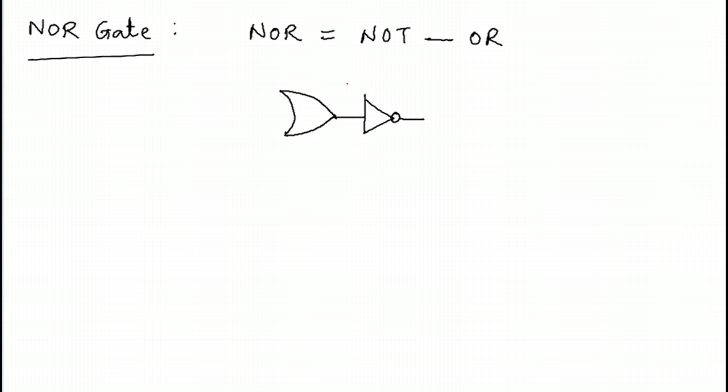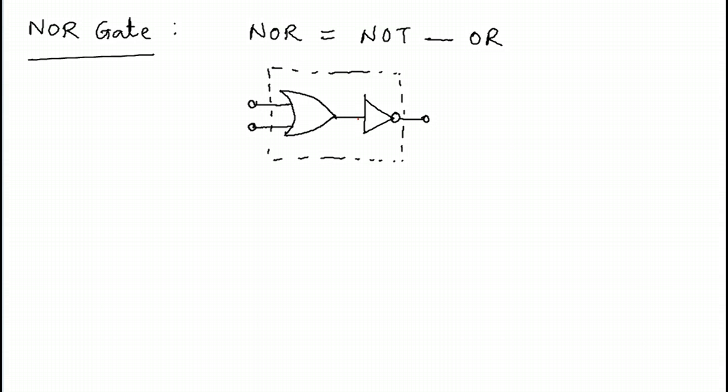In other words, the output of the OR gate is given as input to the NOT gate. Now the NOR gate could have 2 or more than 2 inputs, but for the sake of the example we will consider a NOR gate having only 2 inputs, like that. So this entire structure is called a NOR gate.